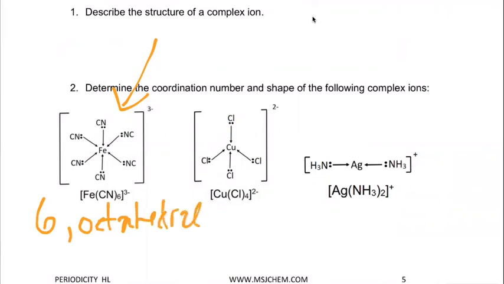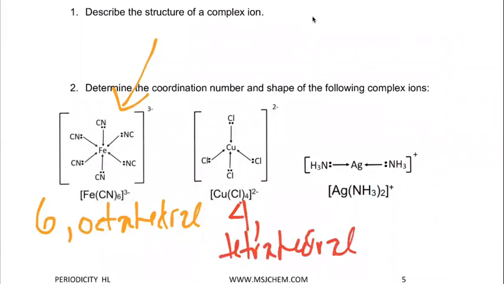This one only has 4. I can see 4 things connected, and it doesn't look like there are any extra lone pairs, so this one will be tetrahedral. And this one, we have 2 things connected, so most likely it will be linear.